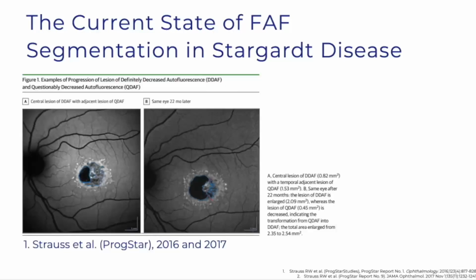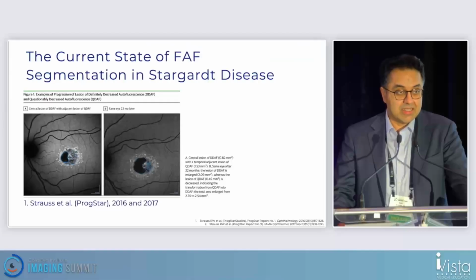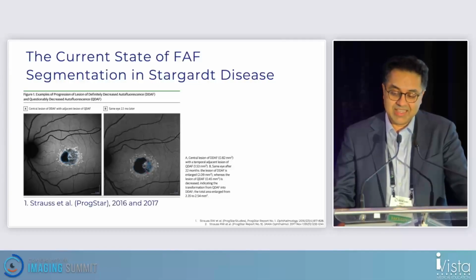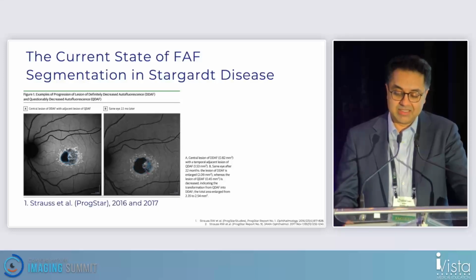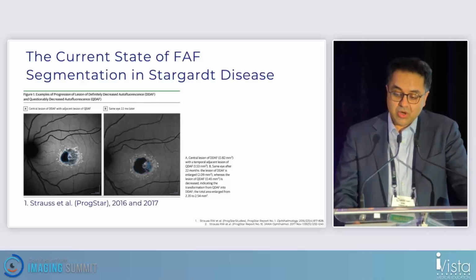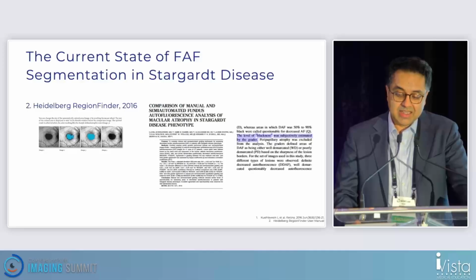The way this is done is a grader looks at an image and says, is the area of decreased autofluorescence greater than 90% of the total, and that's DDAF, or is it more than 50%, between 50 and 90% being QDAF? This is a highly subjective measure. There is no thresholding to understand how it compares, but this is the state of the art.